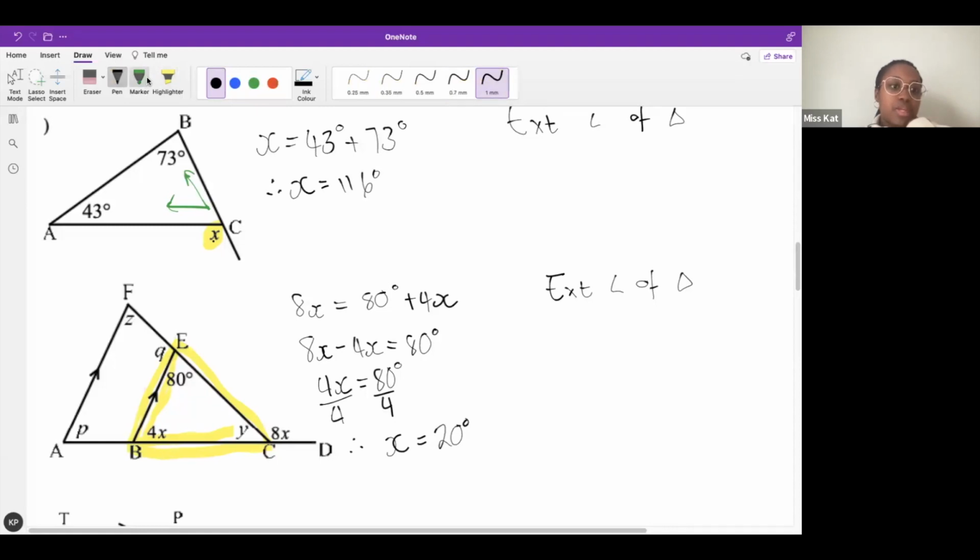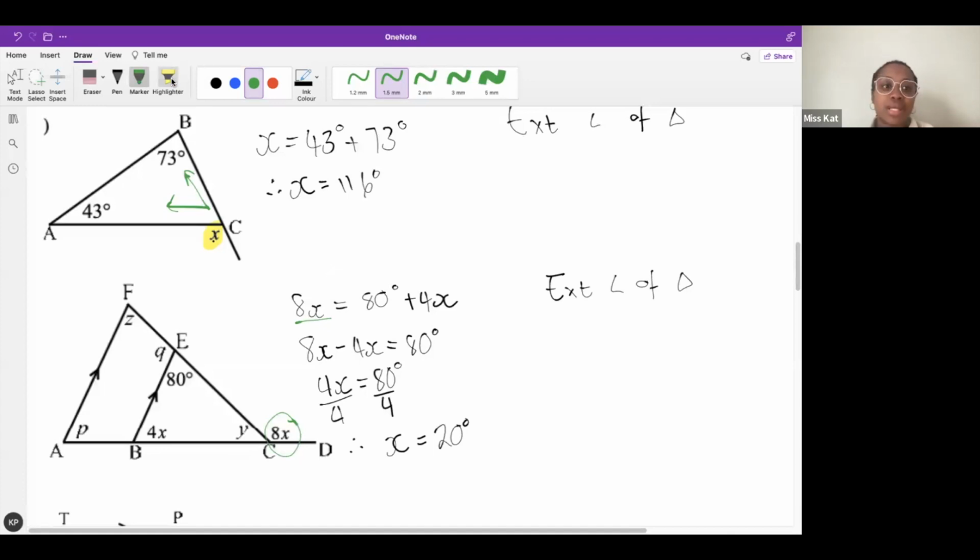Yes. So the exterior angle, which angle is the exterior one? Remember, exterior is outside. So which one is that? Look at the sketch. Yeah, it's 8x. Yes, beautiful. So we said the exterior angle, which is 8x, is equal to the sum.